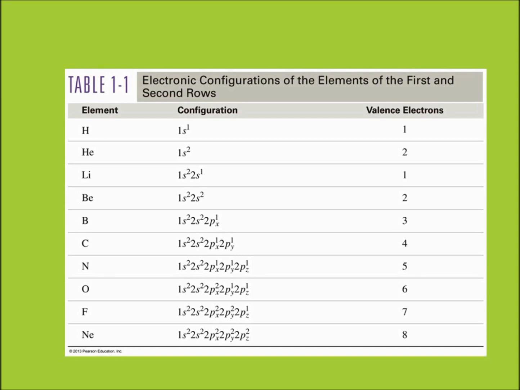So here, neon has an electronic configuration of 1s2, 2s2, 2p6, if you combine px, py, and pz, which we often do.